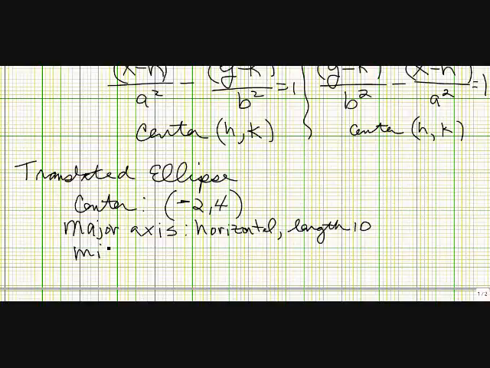And the minor axis, the short one, yes? Major means the longer axis, minor means the shorter axis. I have to tell you whether it's on the horizontal or the vertical if that's all the information I'm giving you. Otherwise, I'm giving you a's and b's and stuff like that. But if I'm just describing it this way, I better tell you if it's horizontal or vertical, because that's the only thing you get. So that means the minor axis must be on the vertical. And I'm going to give that one a length of 8.